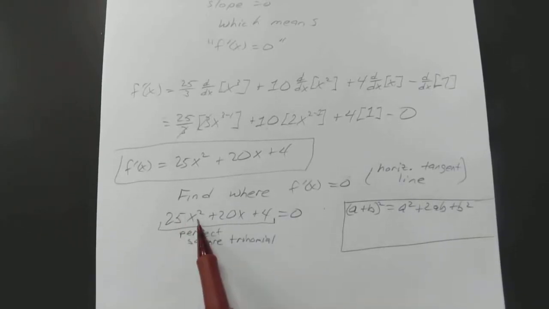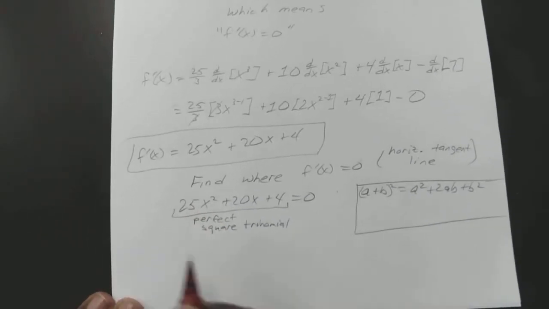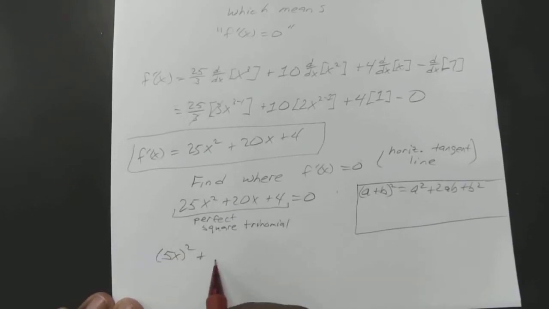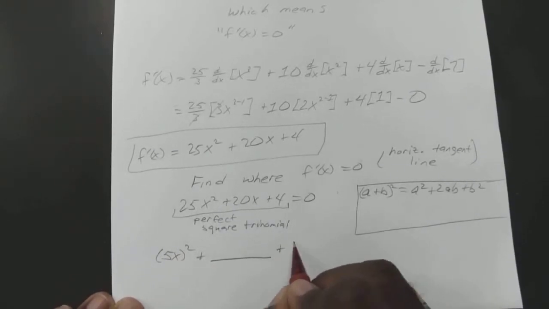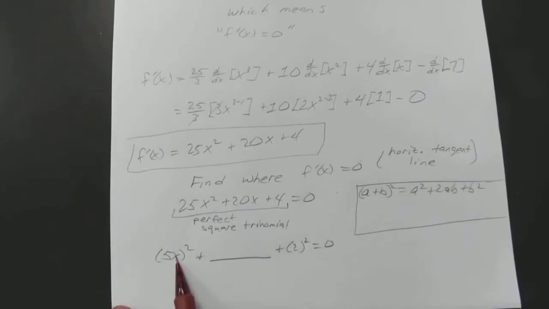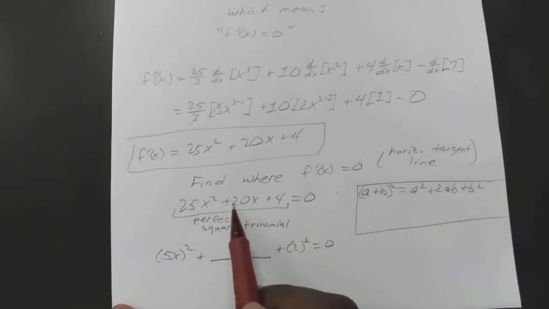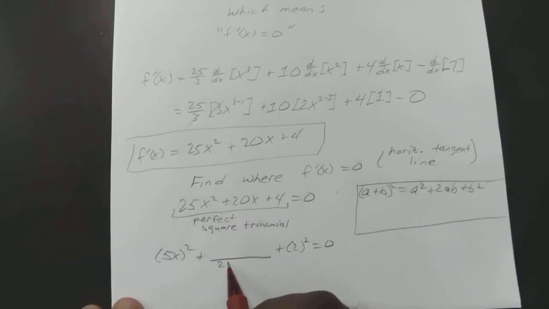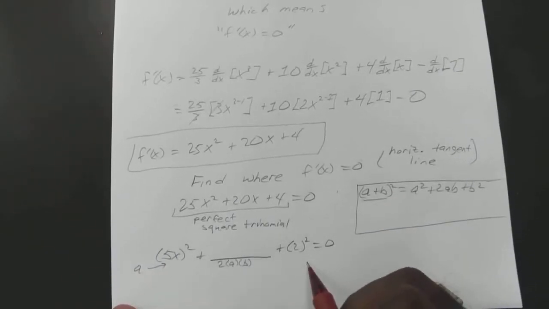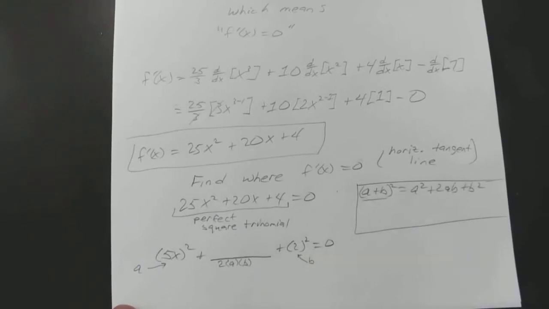Okay. Because if you rewrite this, it's 5x squared plus, we'll leave that blank for now, plus 2 squared. Then if this middle term equals 2 times a times b, all we have to do is plug it into that formula where this is your a and that's your b.